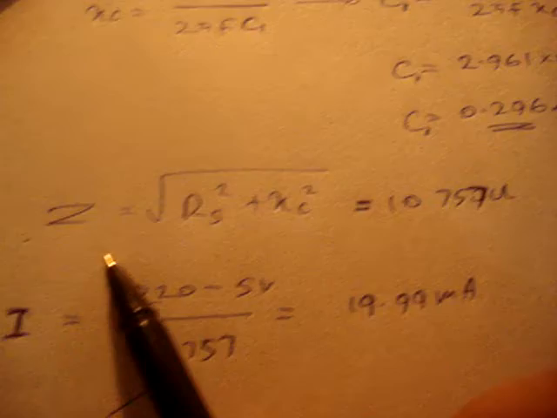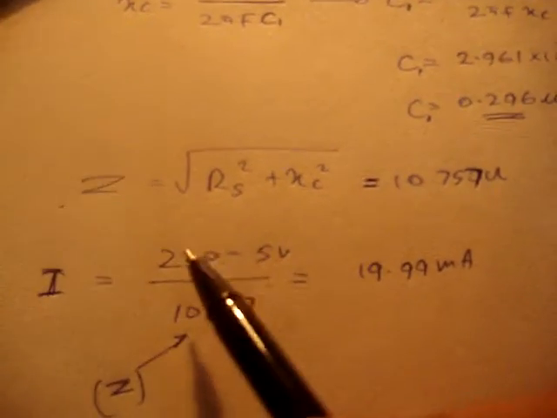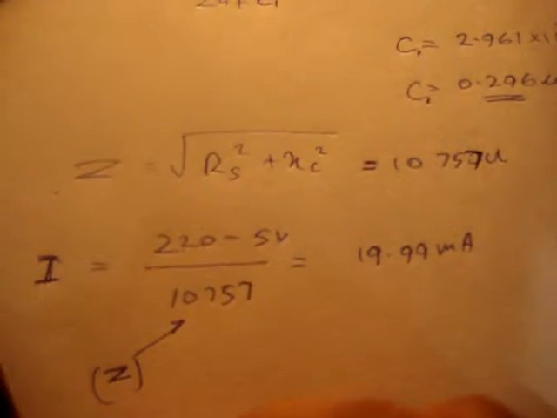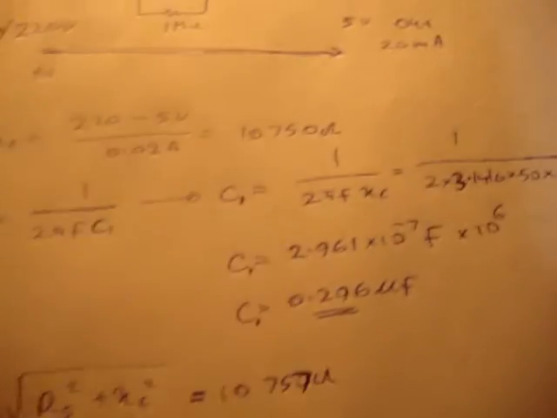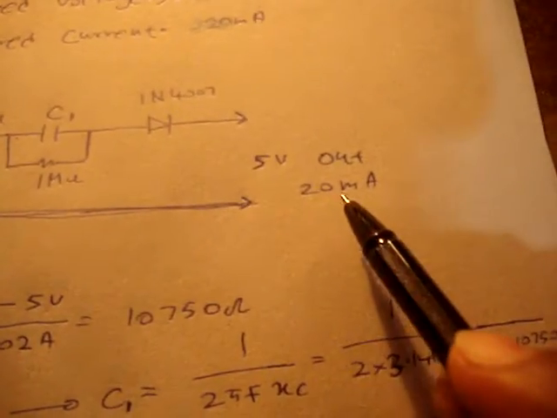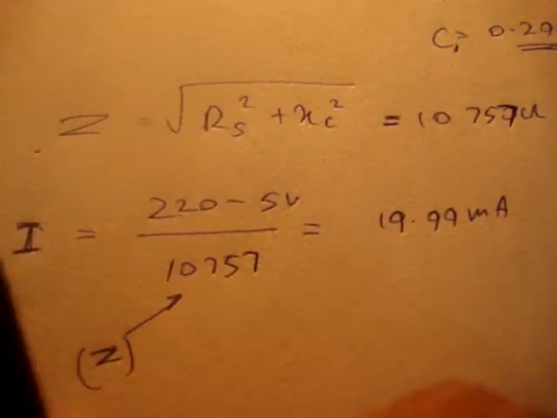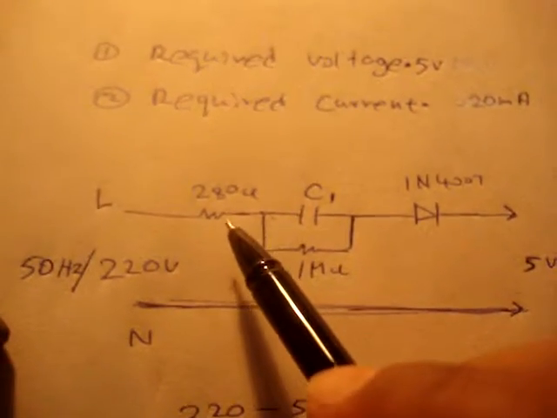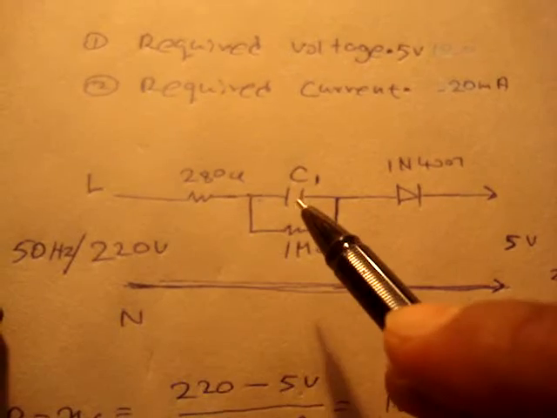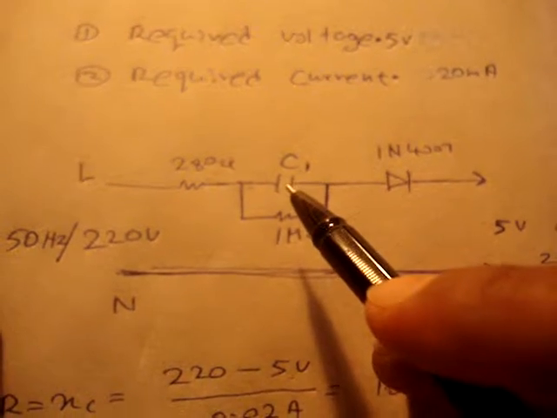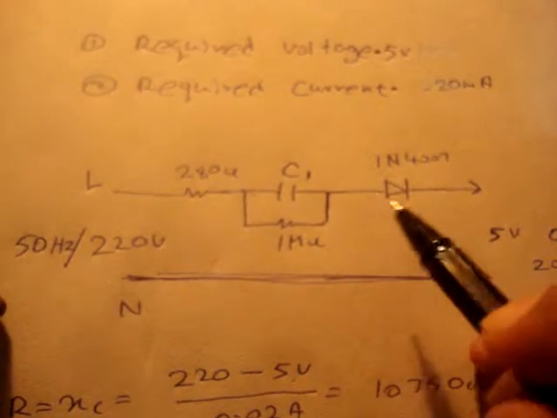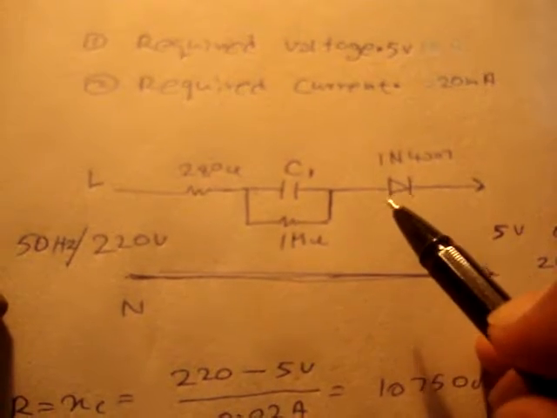Usually we have to calculate the full circuit impedance because my required current is 20 milliampere, but I cannot get that milliampere range from this circuit because I put the resistor in series with the capacitor to protect this diode from overcurrent.